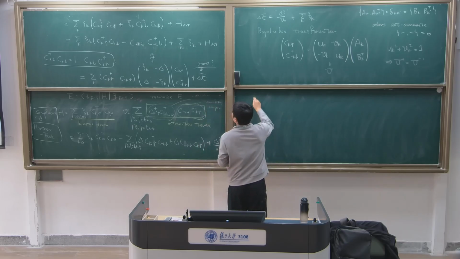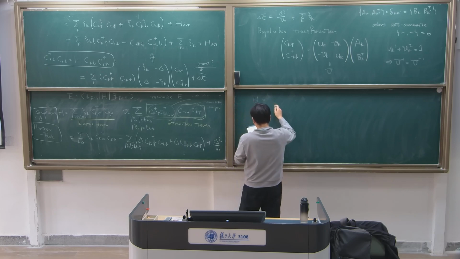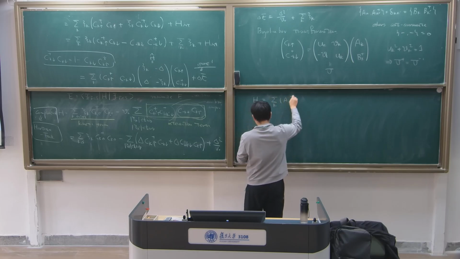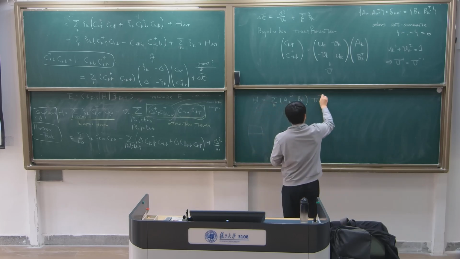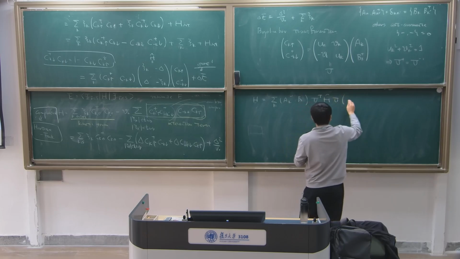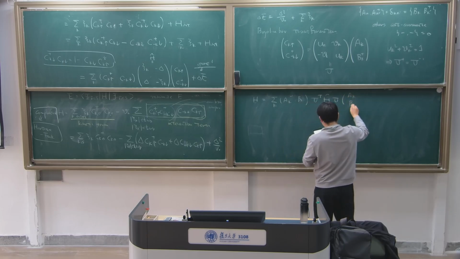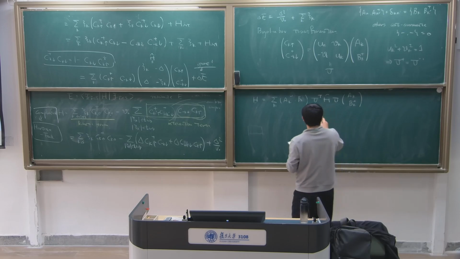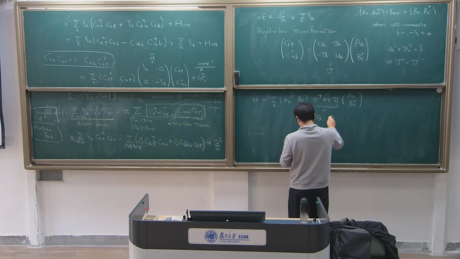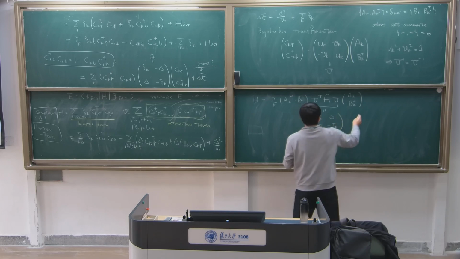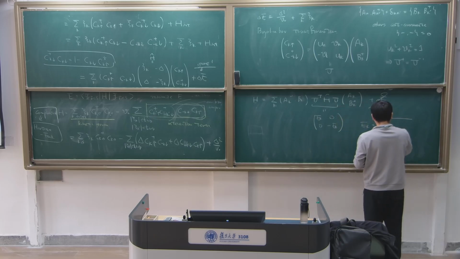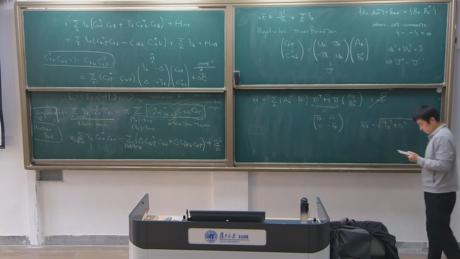Then H is equal to the sum over k of the vector transposed, H hat, times the vector. And this is equal to the matrix, I already erased delta, for the E_k is given by the square root of epsilon_k squared plus delta squared.